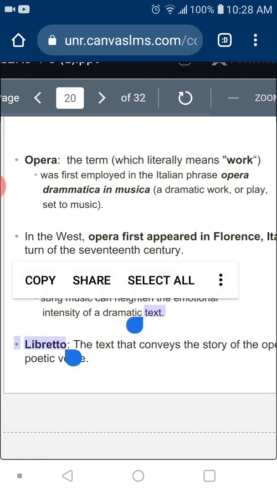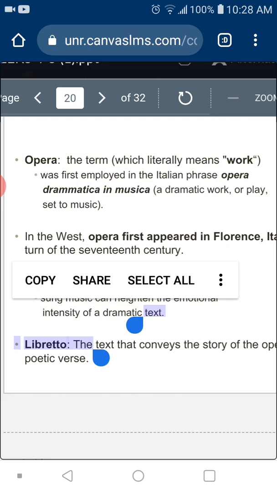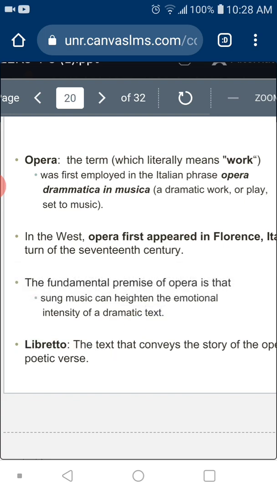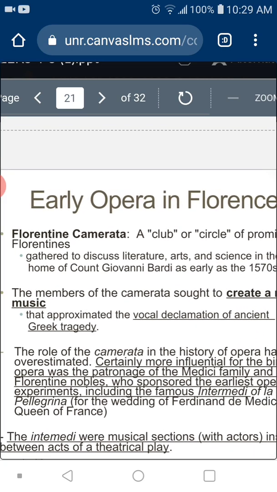Even if you go to a musical today, they give you a brochure where there's a story, the plot, the synopsis, that's what it is. So an opera obviously is based on a story, because an opera is a theatrical play set to music. Even though at the beginning opera was not just a play set to music, because there was a gradual development.